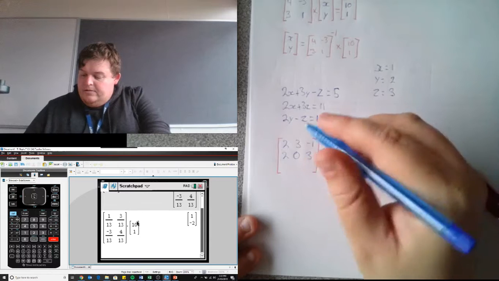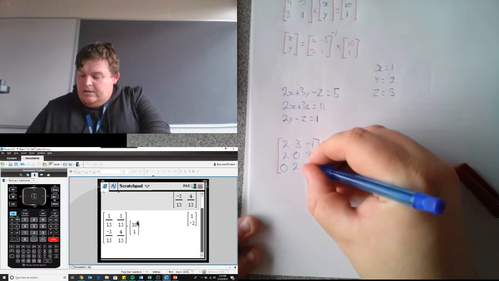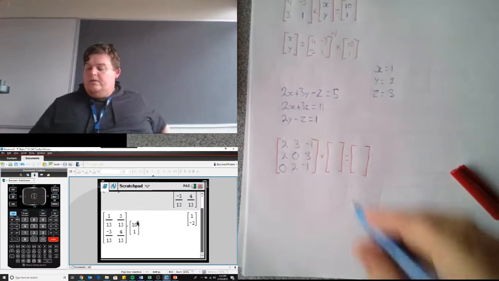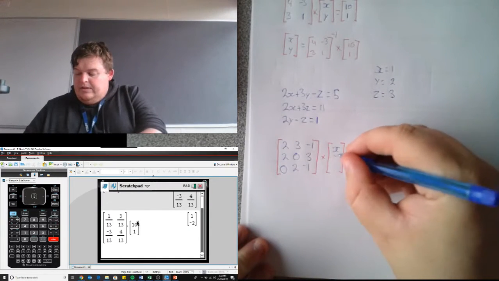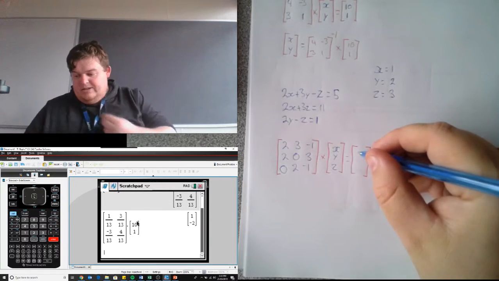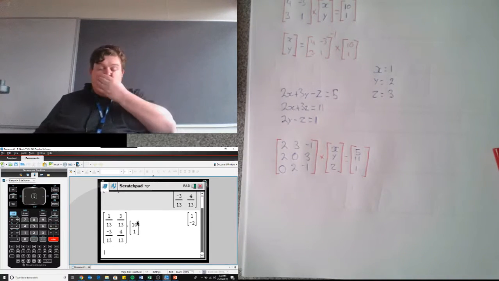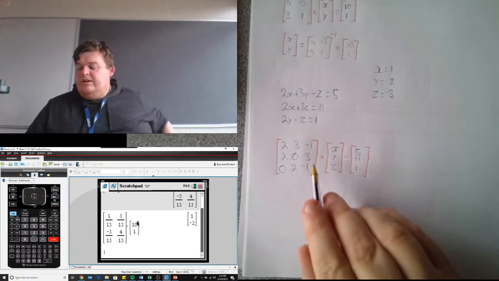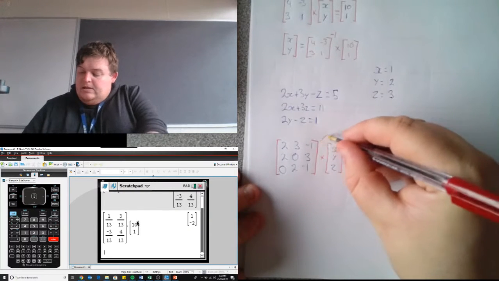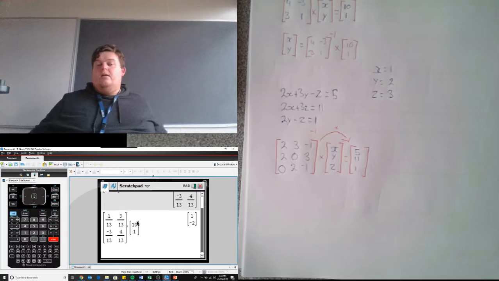And 3, this time there's no x, so we're putting in a 0, 2, and negative 1. Our values here are x, y, z, and our answers are 5, 11, and 1. Again, we're going to find the inverse of this and multiply it by this.